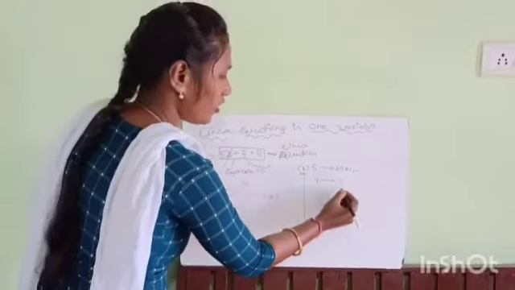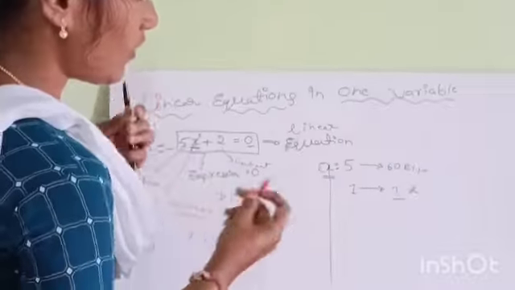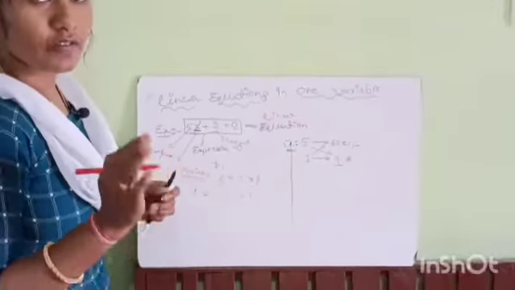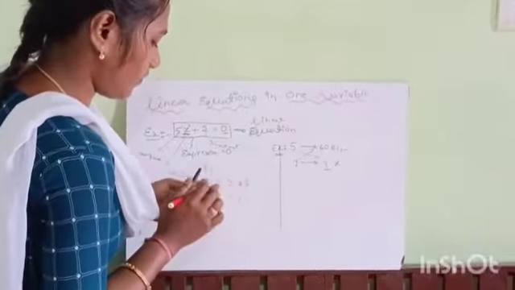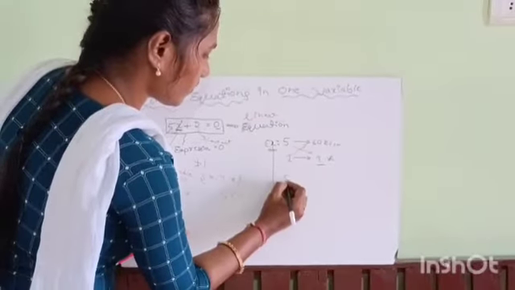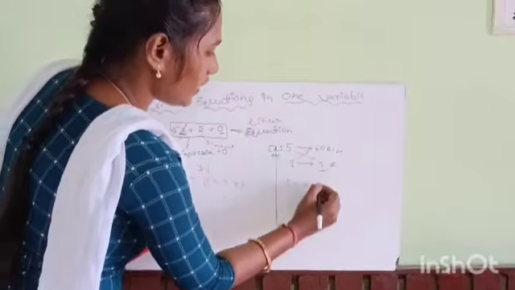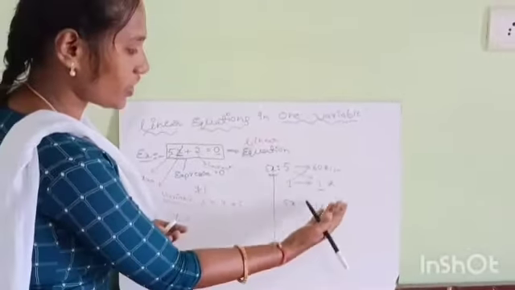In this unknown place we can use the variable x, and next we do cross multiplication and make one equation. 5 multiplied with x is 5x, equal to 1 multiplied with 60. So this is our equation.